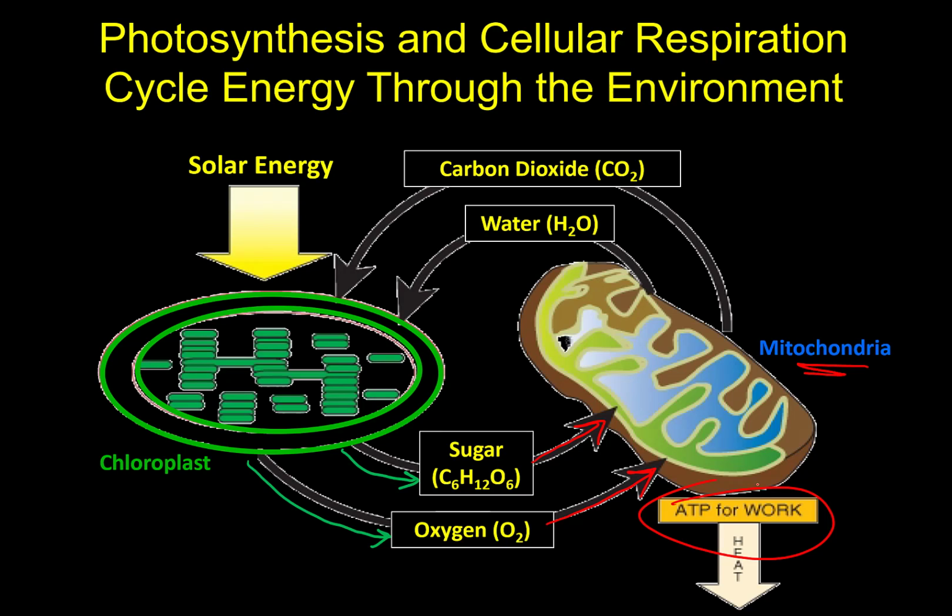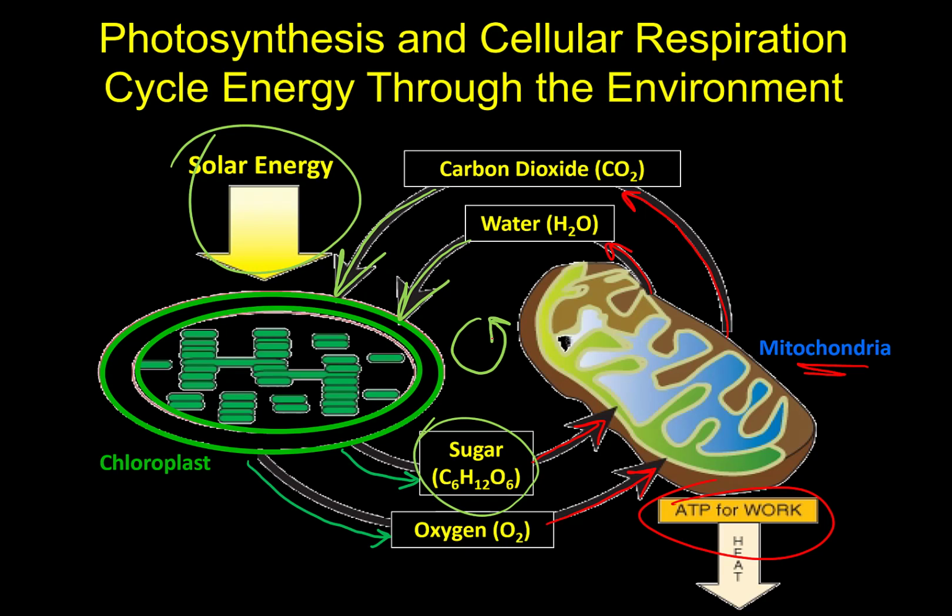Now, as a byproduct of cellular respiration, the mitochondria is also going to produce water and CO2, even though those aren't the goals of the reaction. Fortunately, though, the water and CO2 are necessary for chloroplasts to be able to capture solar energy and trap it in our sugar molecules. The products of one reaction are the reactants of the other. This is why we say photosynthesis and cellular respiration cycle energy through the environment. They cycle molecules as well.